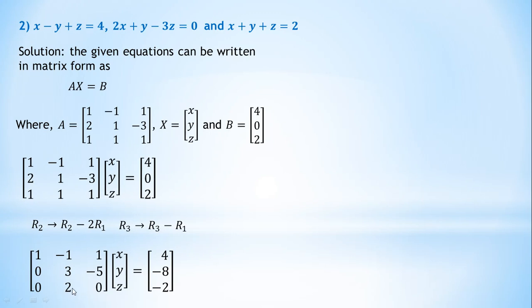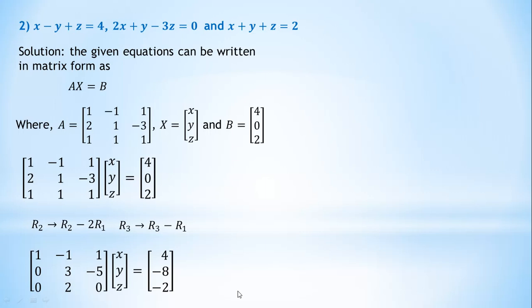Because we have converted this as a 0, also here we get simultaneously 0. That's why after getting this one as 0 and this one as 0, we can solve these equations.